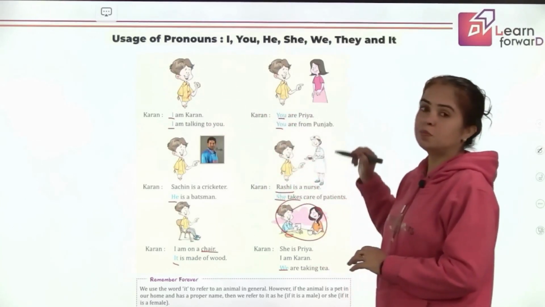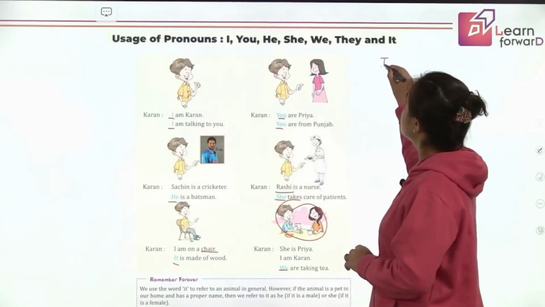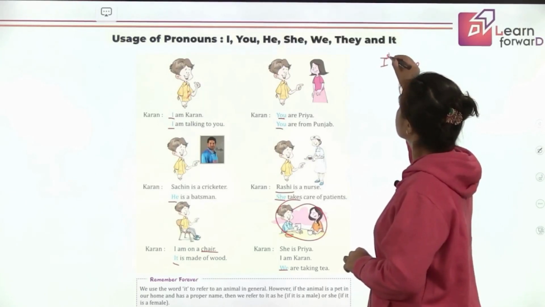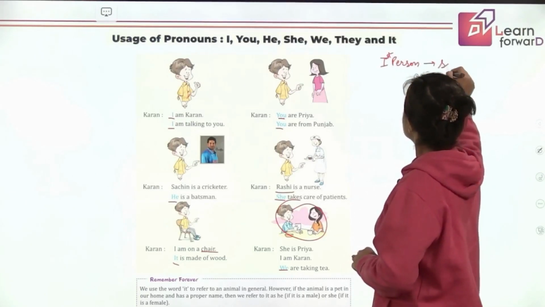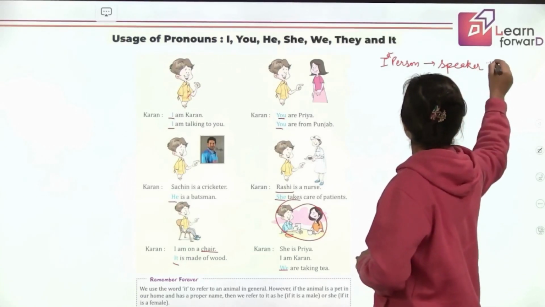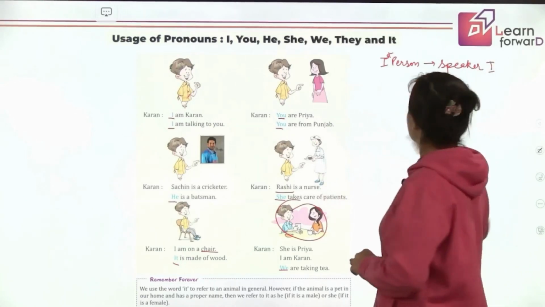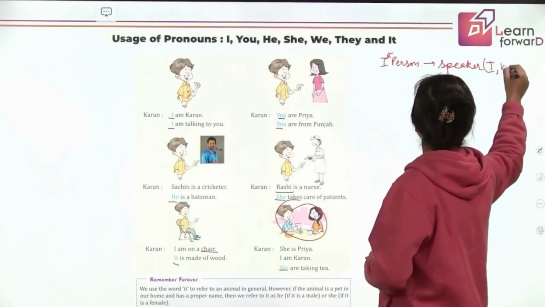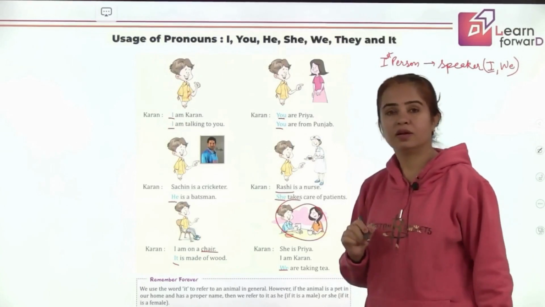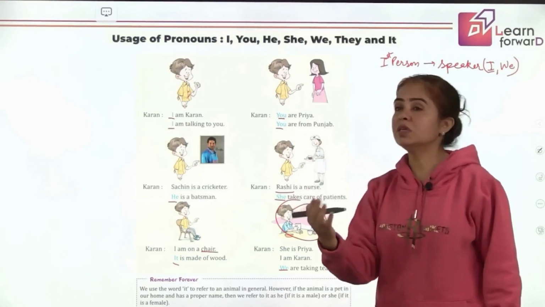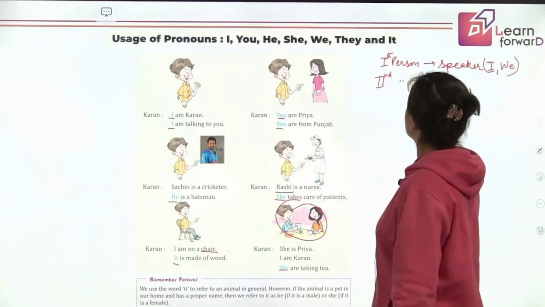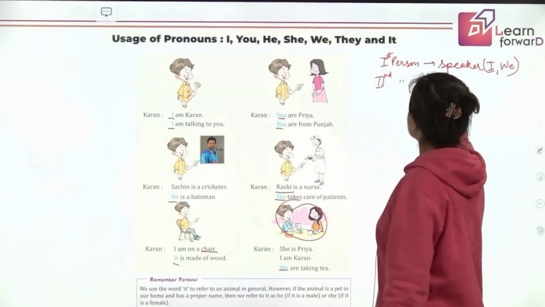I is the speaker. So it is first person. First person is the speaker. Sometimes we say I if it is singular, and if it becomes plural, we say we, right? Now somebody who is listening is the second person, and that is the listener.